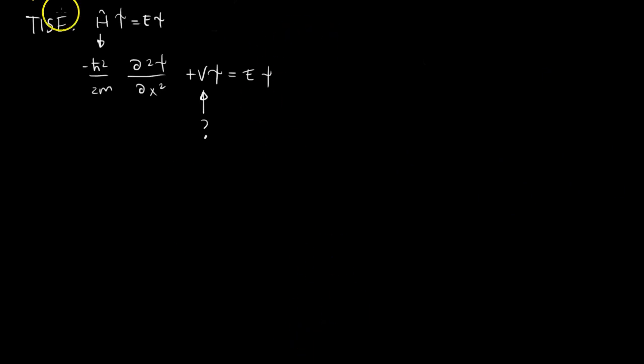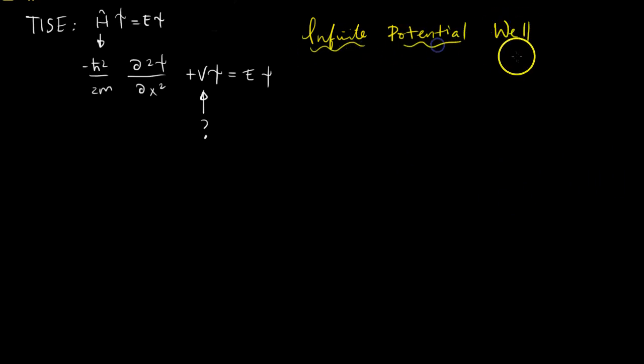So now I'm going to introduce you to a potential we're going to work with for this lecture. It's called the infinite potential well. And this meaning is going to show itself in a little bit.